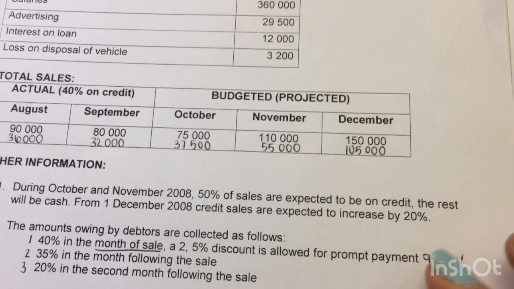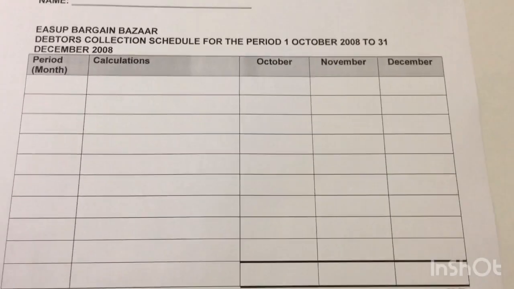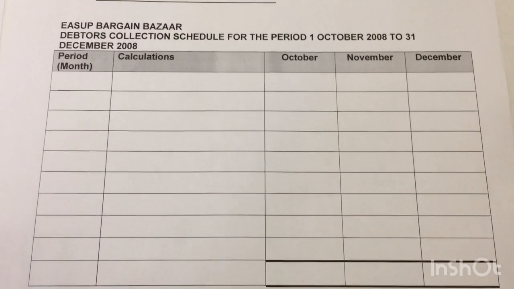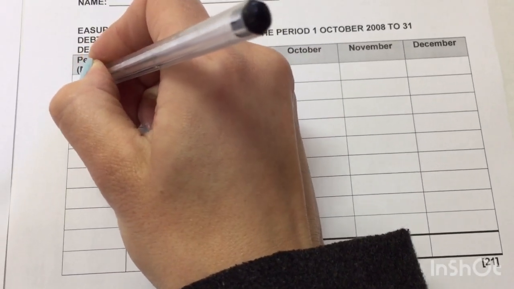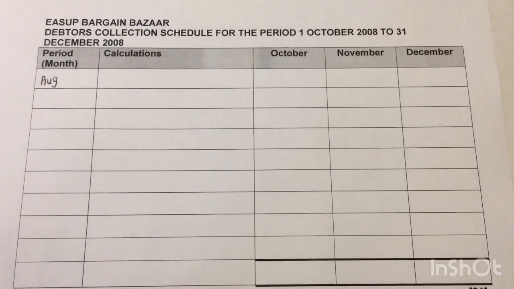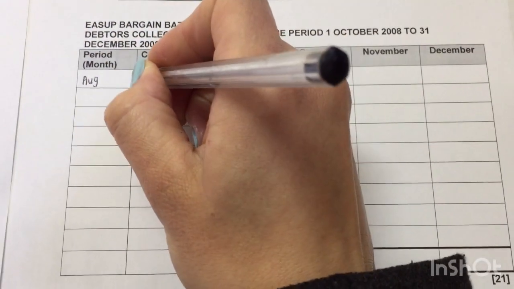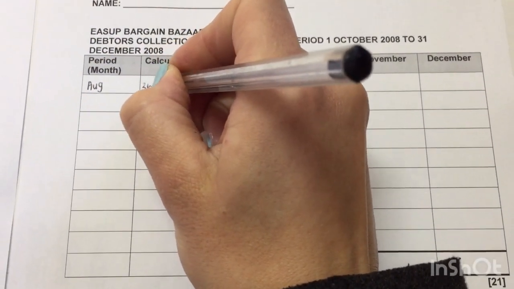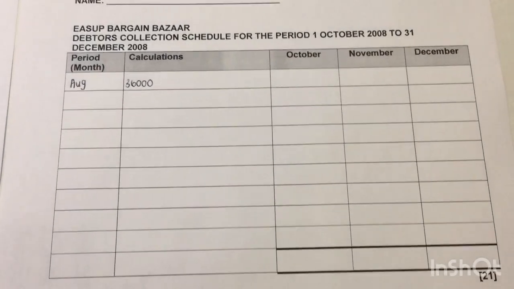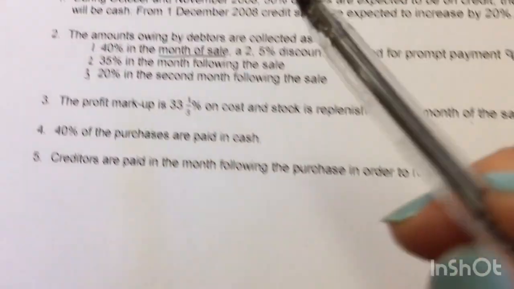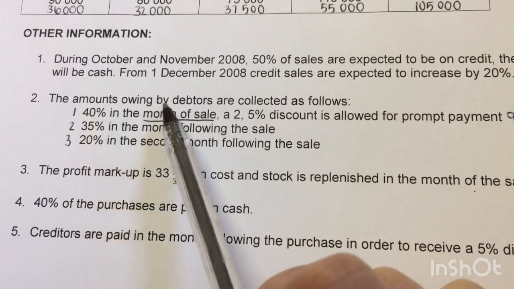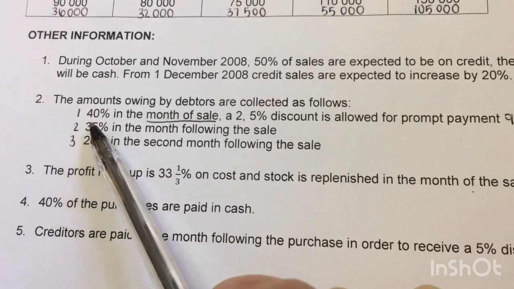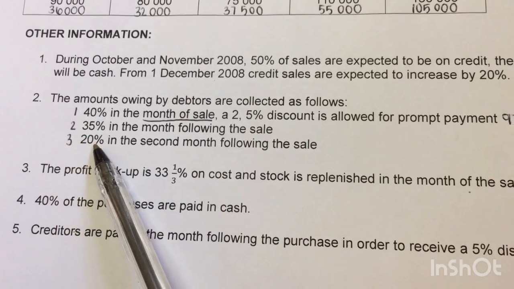So now we are going to go to our answer sheet, and all the answer sheets will differ, but let's say the main part of it will always be the same. I'm going to start with my August sales, and I know from what I've worked out, my credit sale is 36,000. So now I'm going to use this again. 1 is 40% in the month of the sale, 2 is 35%, and 3 is 20%.